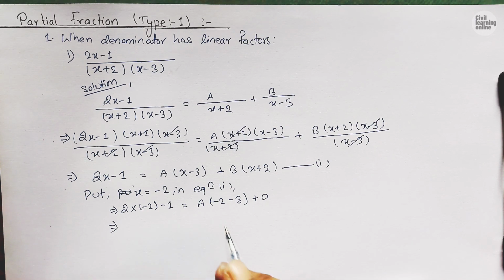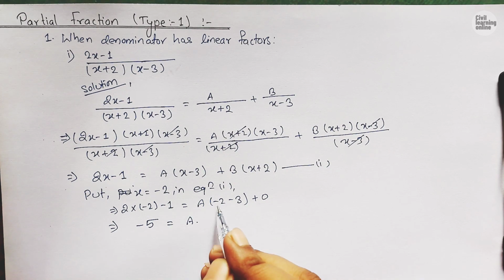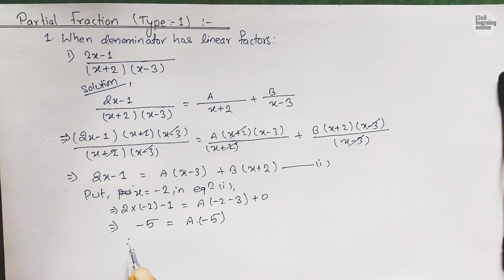I am doing step by step so that you will not face any kind of confusion. So 2 times minus 2 will get minus 4, and minus 1 we will have minus 5 equals to a times minus 5. Therefore a equals to 1. Okay, now we have successfully calculated the value of a.